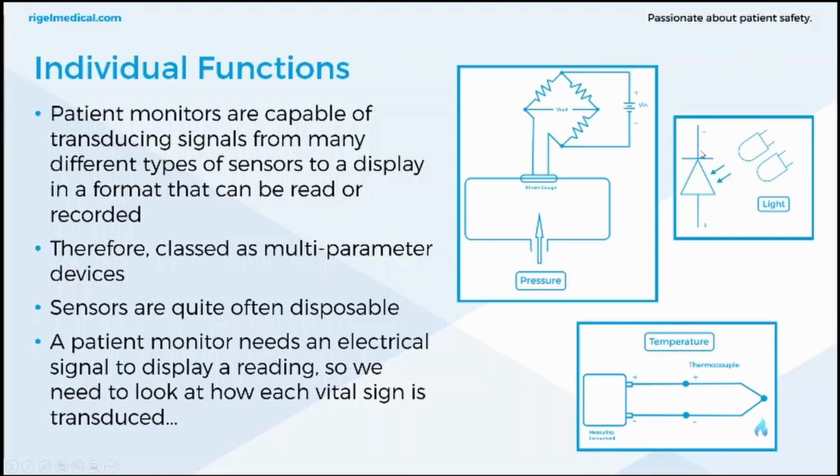The image in the top right represents SpO2. This is where light from LEDs is absorbed by the different types of hemoglobin, and it's detected at a photodiode. So you use different wavelengths of LED to see what levels of oxyhemoglobin and deoxyhemoglobin are in the blood, and in some cases other types of hemoglobin as well, but I'll talk about that in SpO2, such as carbon monoxide poisoning.